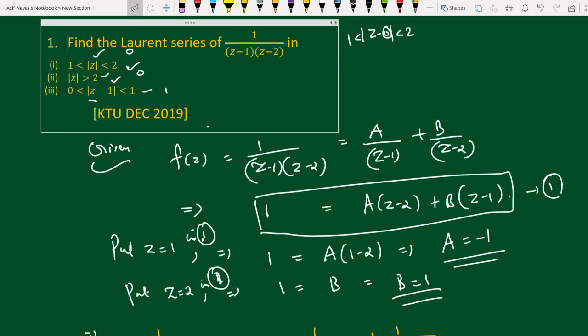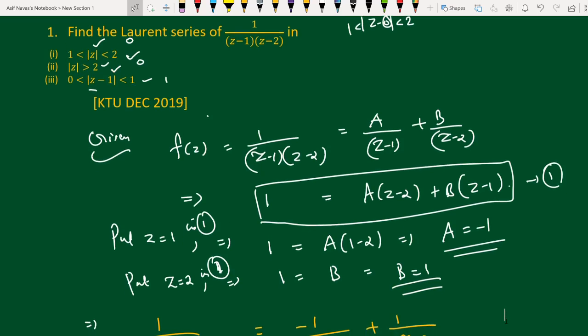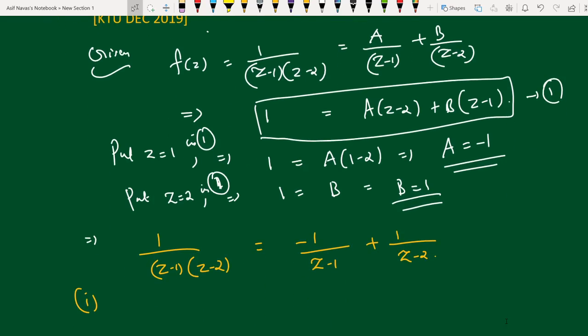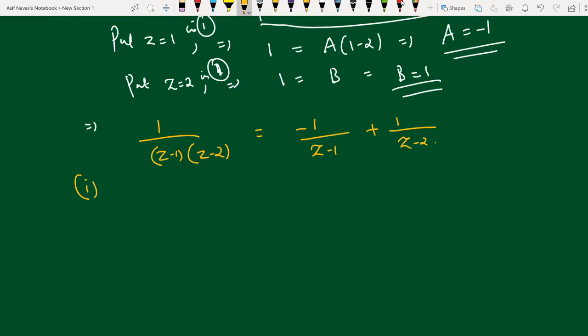It is 1 less than mod z less than 2. So this is our region.